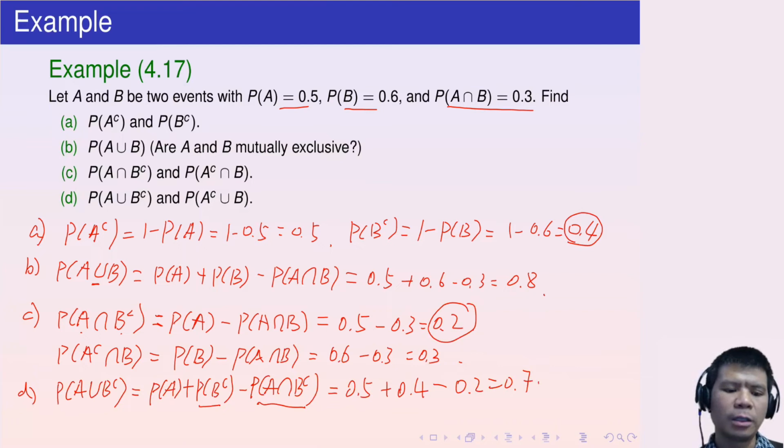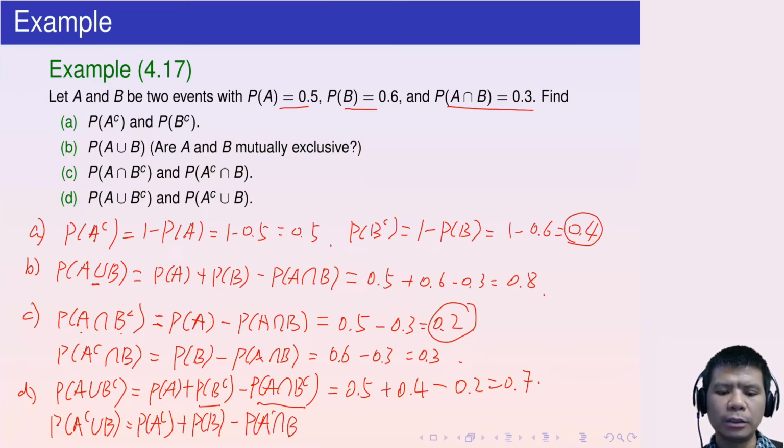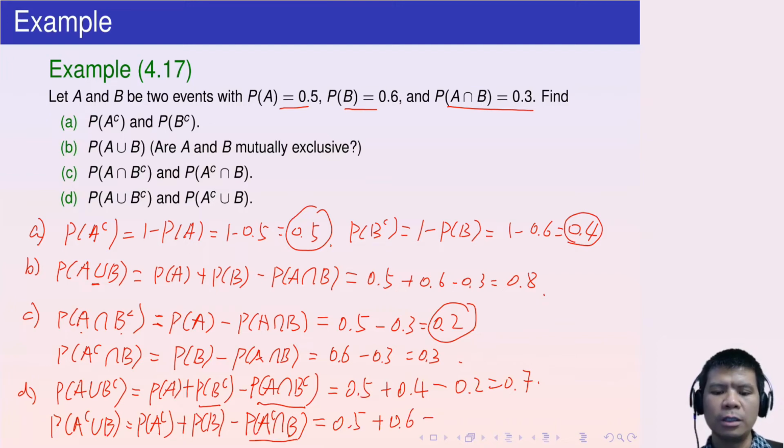Okay. Now similarly, we can find A complement union B. This is the probability of A complement plus probability of B minus probability of A complement intersect B. A complement, we already found, is 0.5, plus the probability of B is 0.6, minus this one, in B but not in A, which we found is 0.3.